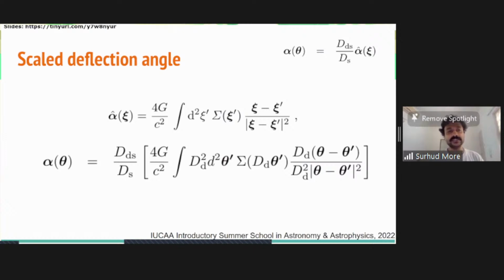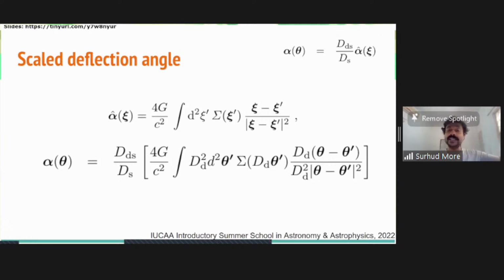Now, let's consider this equation for the deflection angle that we had, and try to express it in terms of the scaled deflection angle, alpha of theta, which is just a ratio of distances times this alpha. So I take this equation and substitute it down here. And then I do another important transformation: rather than using physical coordinates in the lens plane, I decide to use angular coordinates, because angles are simple to measure and to use.